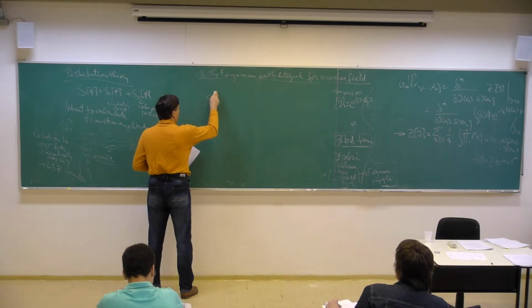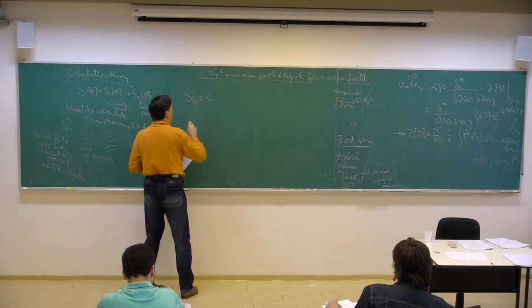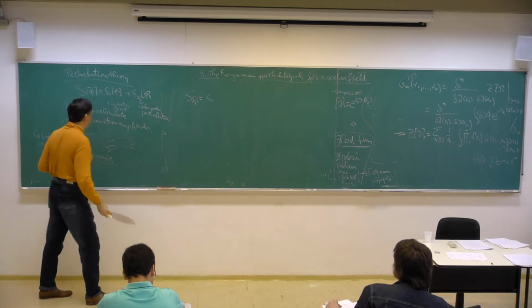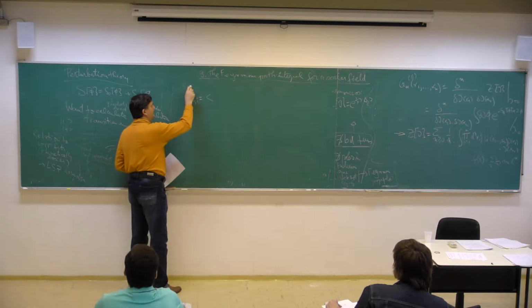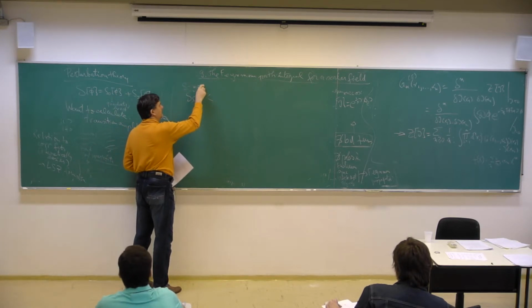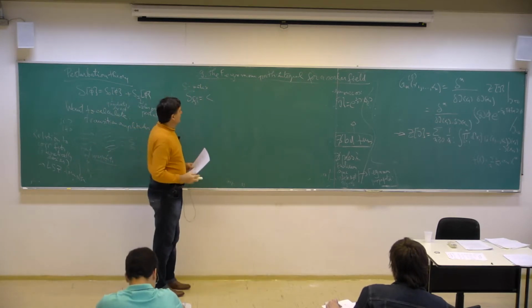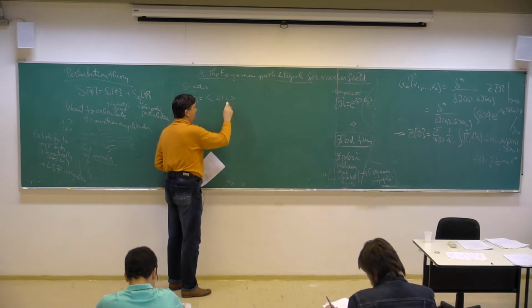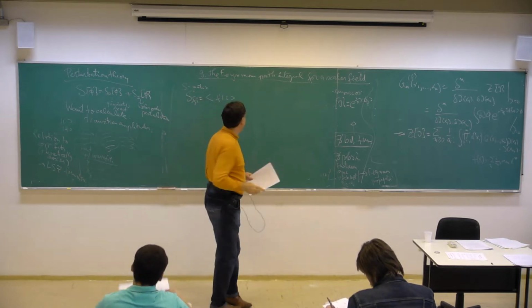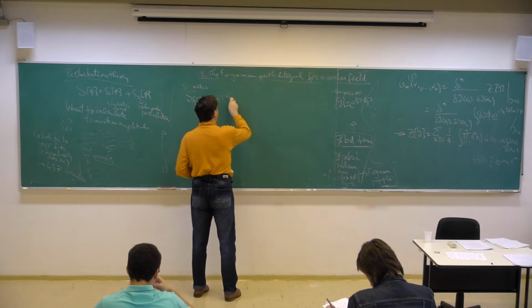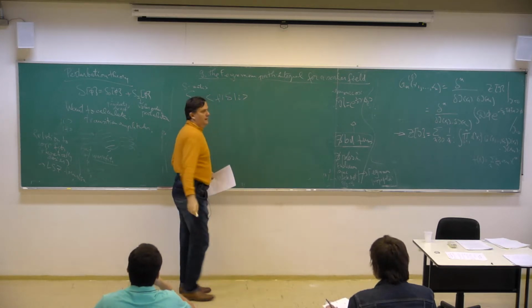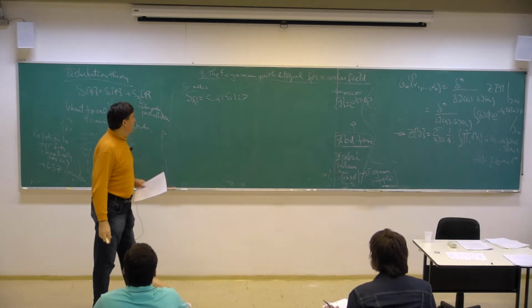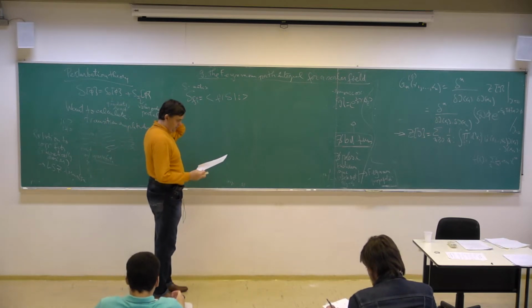So, what we would need is the so-called S matrix, which is basically a product of some initial and final states with some interaction in between that we'll call the S matrix.